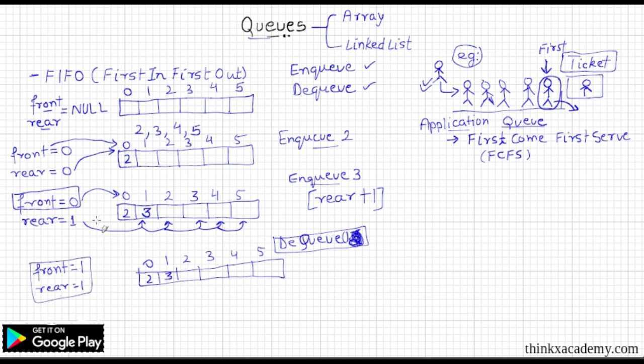You can see that before the call of the DQ function, front was pointing to 0 and rear was pointing to 1. If we call a traverse function that goes from front and traverses along this array till the rear position, then if we want to perform a DQ function, we are just going to increment the value of front.